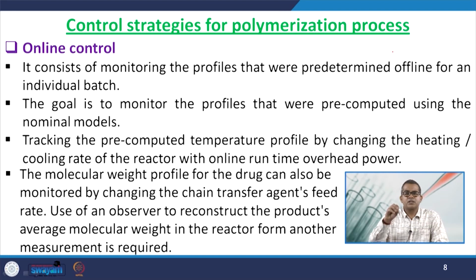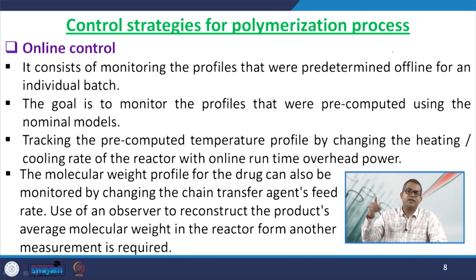Now, it consists of monitoring the profile that we predetermined offline for an individual batch. Now, the objective is to monitor the profiles that were pre-computed using the nominal model.